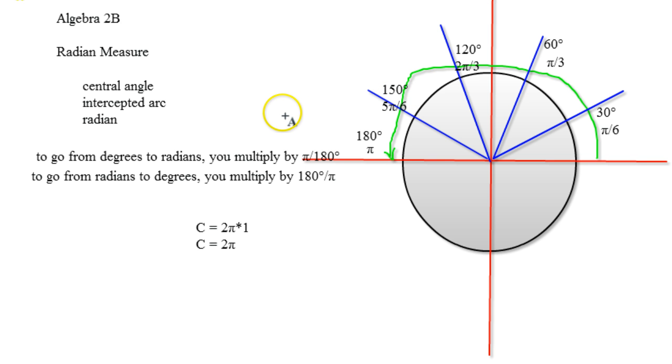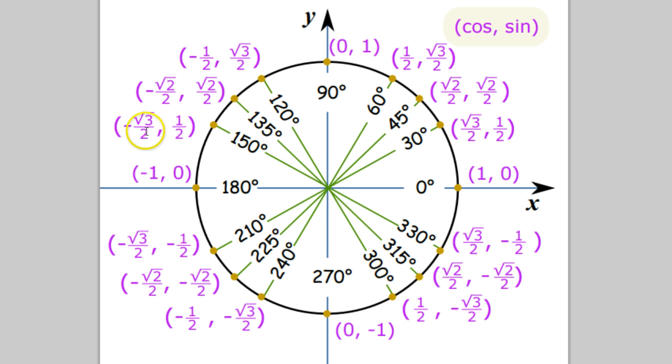I'm going to go to a different screen and show you the unit circle with all their measurements lined up. This is a unit circle with all the cosine and sine values. I'm also going to show you one with all the angles lined up with their radian measures.